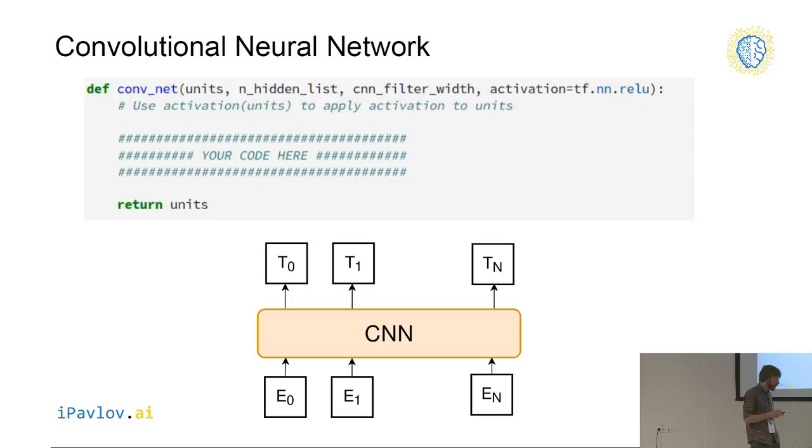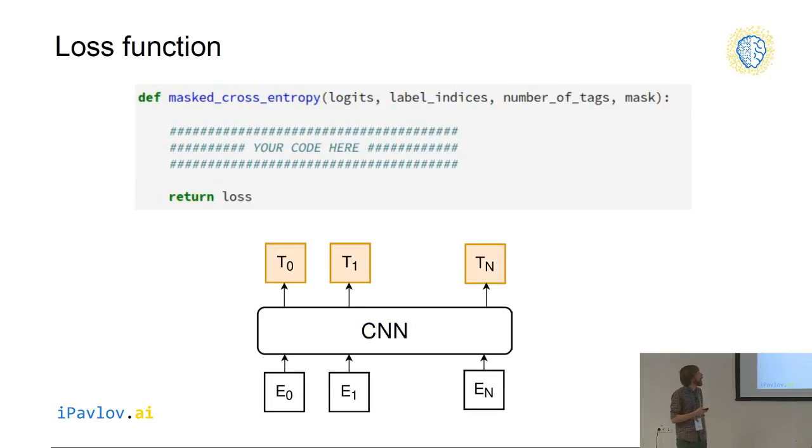You will also get the details in the notebook you will be provided. And actually, that's all. You need to build a simple convolutional neural network that produces predictions for each token, which tag it should be: either person, organization, or location.